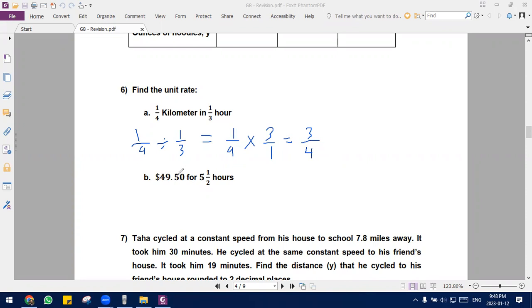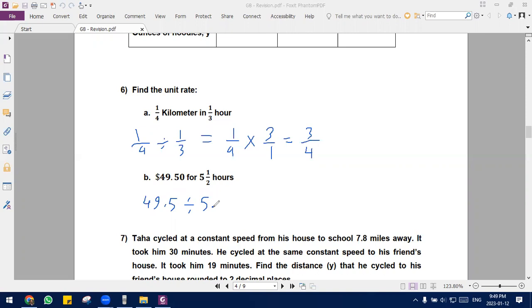Now for question B, we have 1 decimal and 1 fraction. So you either can make both of them fractions or both of them decimals. So you can divide them. For me, I will make it as decimal. So we have 49.5 divided by 5.5.